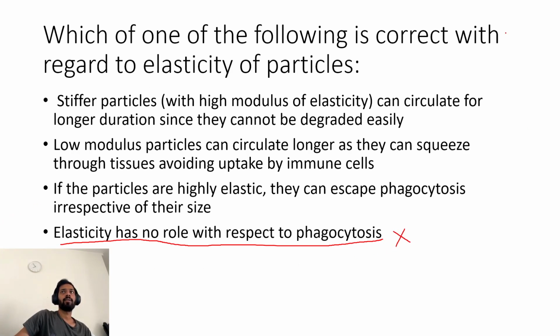What do you guys think could be the correct option? Is it the case that stiffer particles can circulate longer, or low modulus particles, or softer particles can circulate longer, or if the particles are highly elastic, they can escape phagocytosis irrespective of their size?